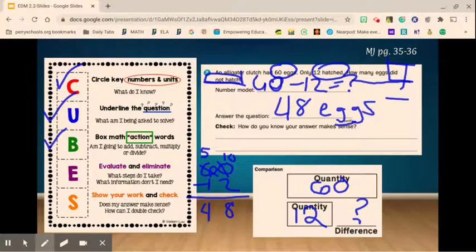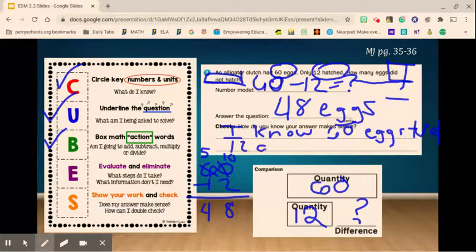How do I know this makes sense? This is really important for explaining your work. And whenever you see this question, you need to think about what you did and how you know that it makes sense. So I like to start mine off with "I know." What do we know? Well, there were 60 eggs altogether. I'm going to use the word total because it means the same. 60 eggs total. 12 didn't hatch.